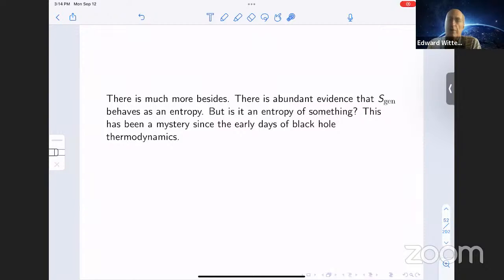And in the rest of physics, the entropy is the number of degrees of freedom. But we're completely in the dark about what is the number of degrees of freedom proportional to the area of a black hole horizon, which would explain why the area term in the generalized entropy really is the entropy of something. So that's considered the biggest mystery in this field: in what sense the area actually is the entropy of something.